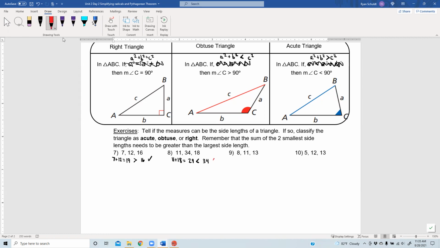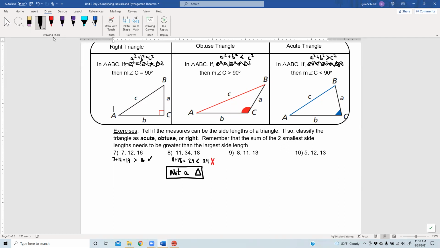Therefore, number 8 is not a triangle. So I'm going to put that here, not a triangle. We're done with number 8. So when we go back through these, we do 7, we skip 8. It's not a triangle, we don't need to go further.